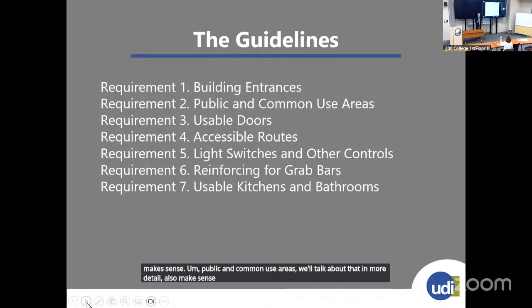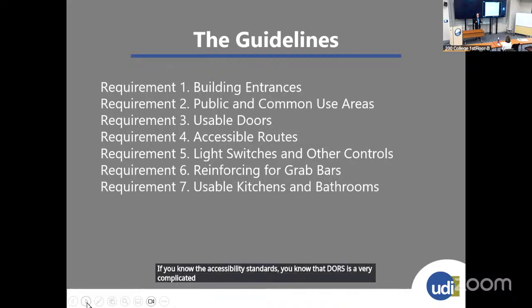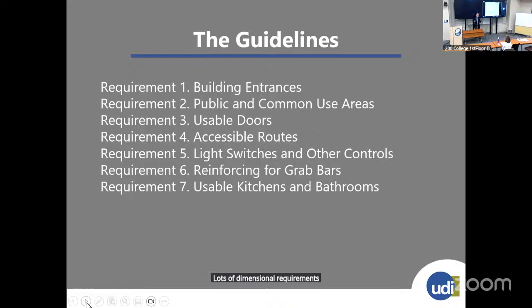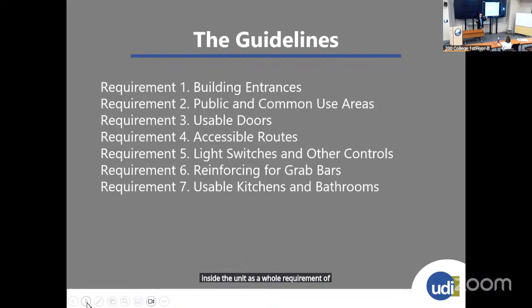One whole requirement just on doors. If you know the accessibility standards, you know that doors is a very complicated area. Lots of dimensional requirements, so maybe it makes sense for that. We have accessible routes inside the unit as a whole requirement of itself. A little bit more attention than I thought that maybe deserved.